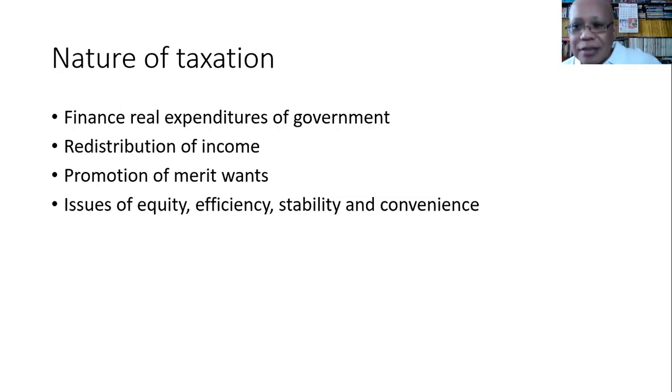So there's a higher tax paid on the sale of tobacco products and on alcoholic beverages because these are seen as being demerit ones.